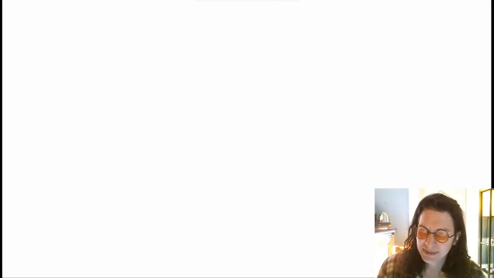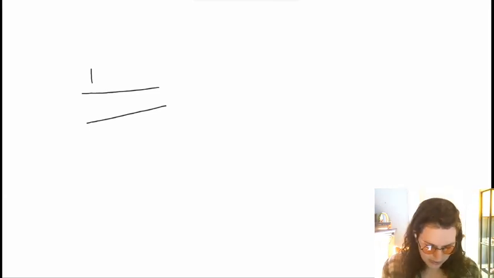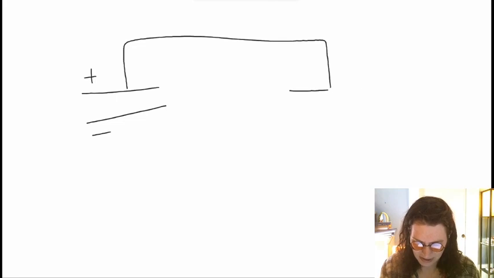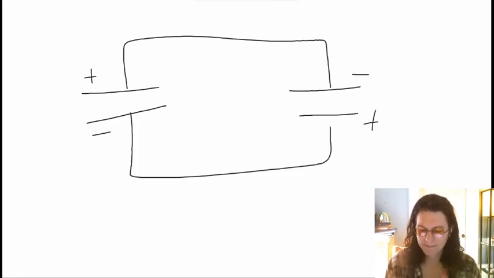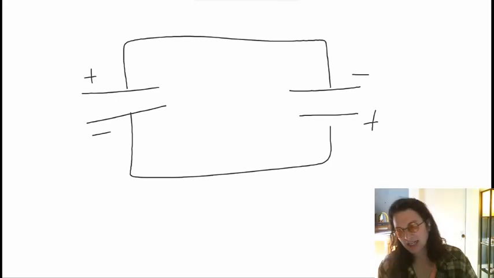So to start off with, they ask about the potential difference between point A and B. First of all, we have the two capacitors like this, and this one is positive and negative, and it's connected to the other one, which is negative and positive. They're connected by both plates, but notice that we have positive, negative, and negative, positive.